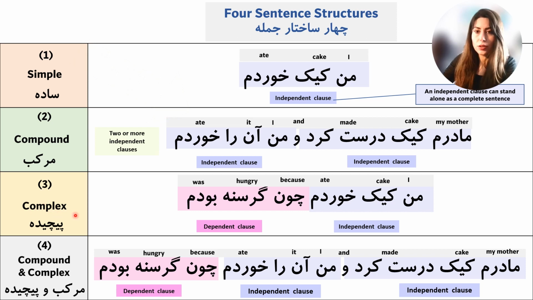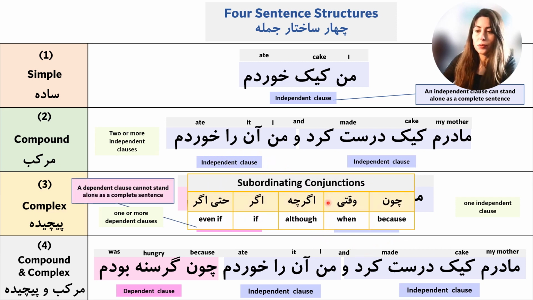The third group is complex, which consists of one independent clause and one or more dependent clauses. For example, I ate a cake because I was hungry. Usually these clauses are connected to each other with subordinating conjunctions.